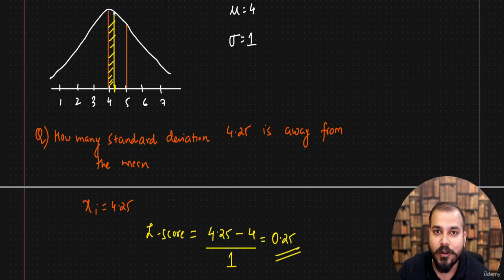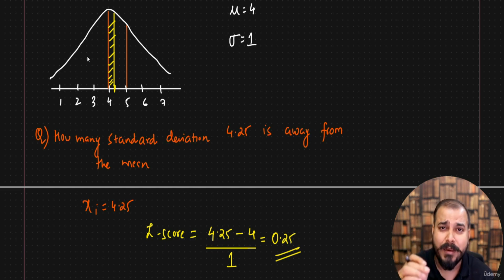In a future video, we'll also try to understand how to calculate this area. There is a generic Z table where you can also find the area under the curve, like how much area is present between 4 and 4.25. Many people may be thinking, Krish, what kind of practical application will come?